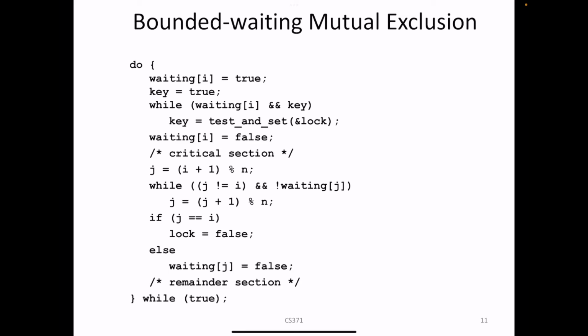However, because the old value of lock is true, P0 will be stuck at this while loop until an interruption happens and moves P0 out of the CPU. Then P1 is put back. P1 continues running the while loop and calls the test-and-set function, assigning true to key, then does the while loop again. Even though key is equal to true, waiting[1] is equal to false now. So P1 will be out of the while loop and access the critical section.